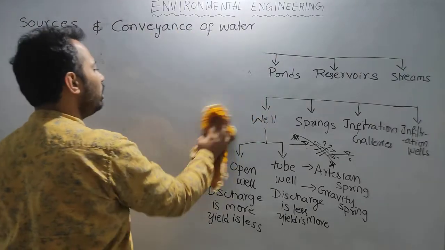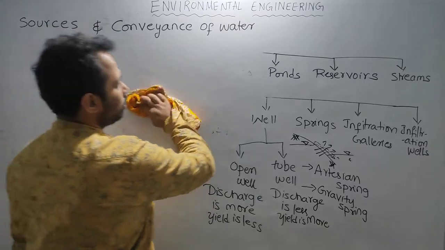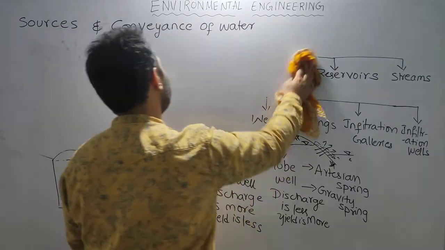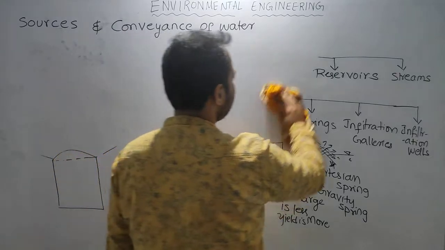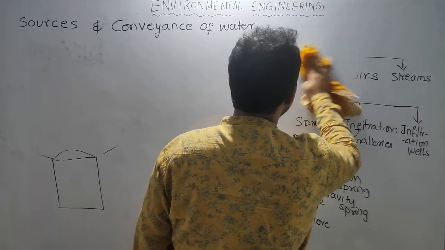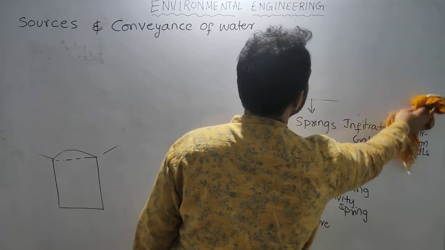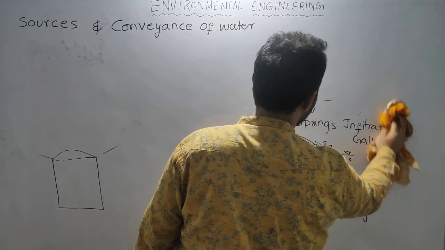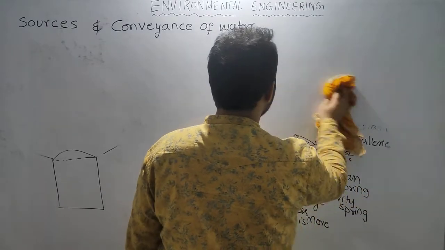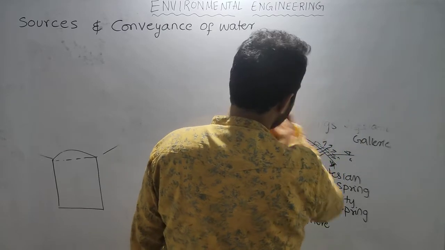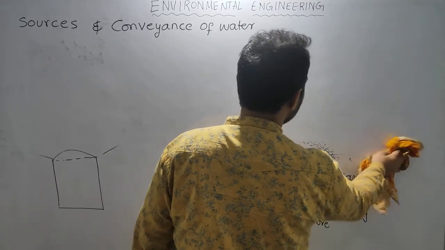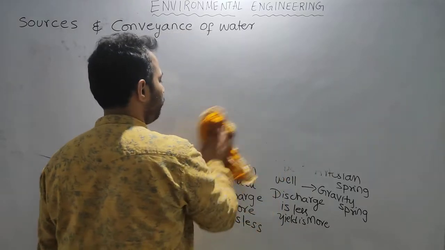If you look at any river nearby you, go and check. Either in that river there will be infiltration wells or there will be infiltration gallery installed in the river. Then only we can draw water from the river, especially in cities, rivers which are moving in cities, there you might definitely find this.